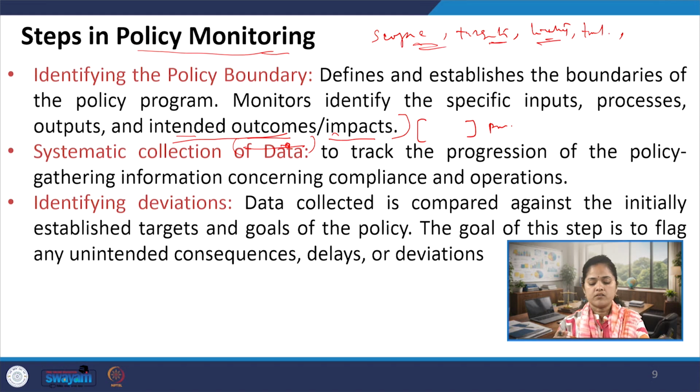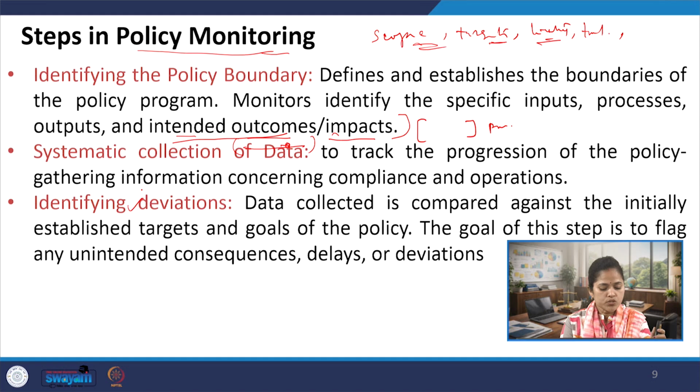So that means the data collected is now compared against the initially established targets and goals of the policy. Okay. And if after comparison the monitors identify that there is a gap, then we should be able to identify those gaps or deviations.